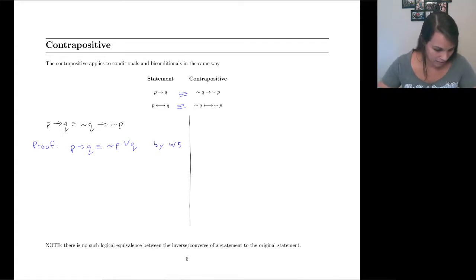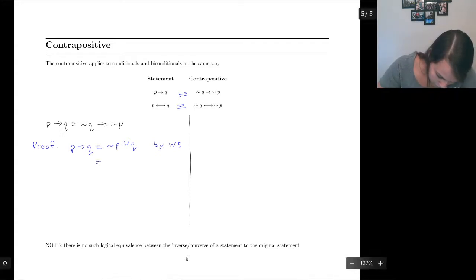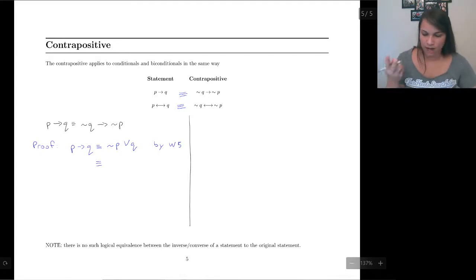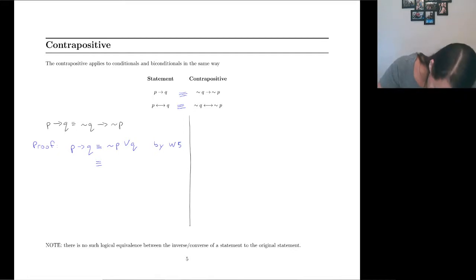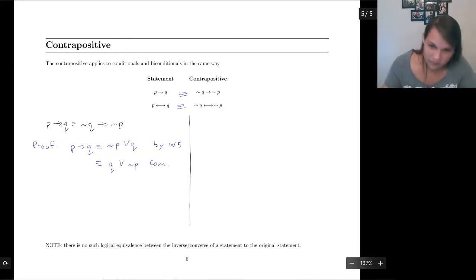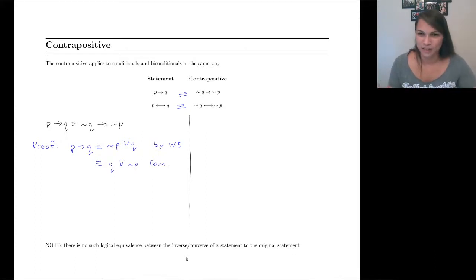After that, we can swap which side the P and Q are on. So we can say Q or not P. That's using commutativity. I always pronounce that wrong.